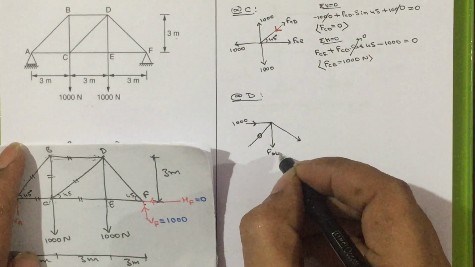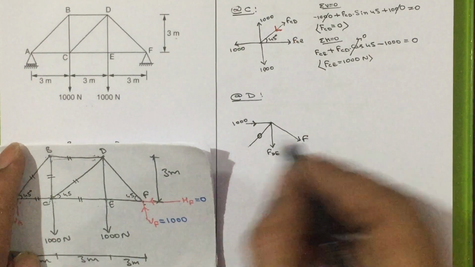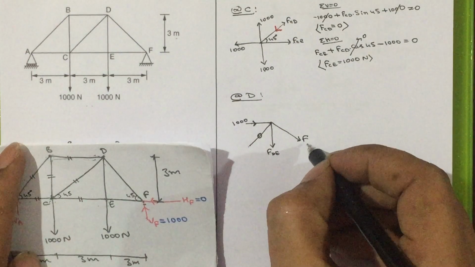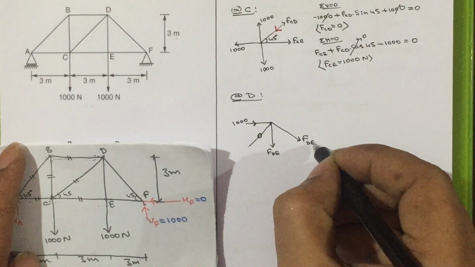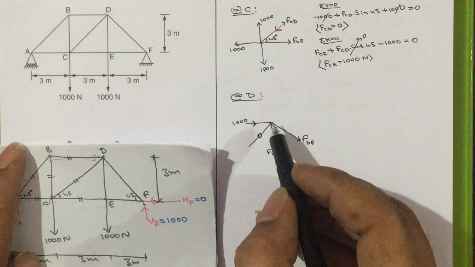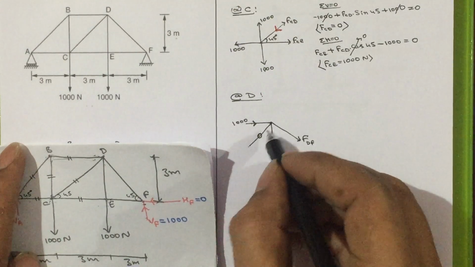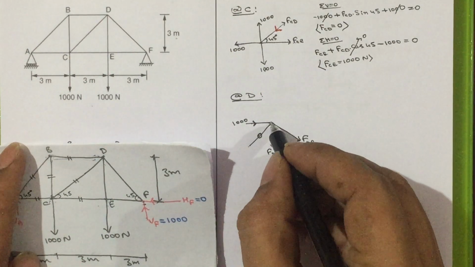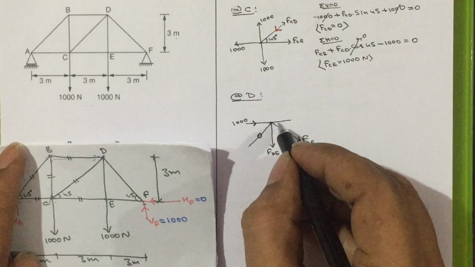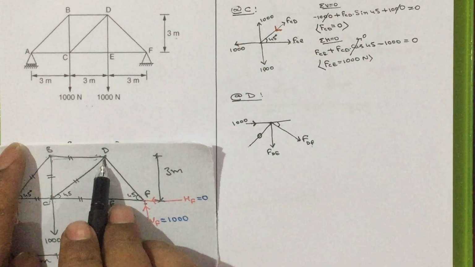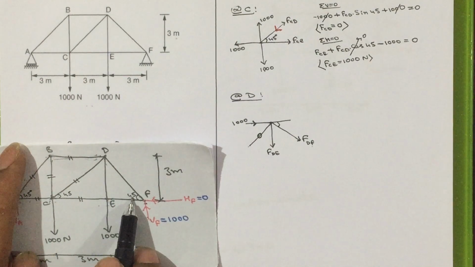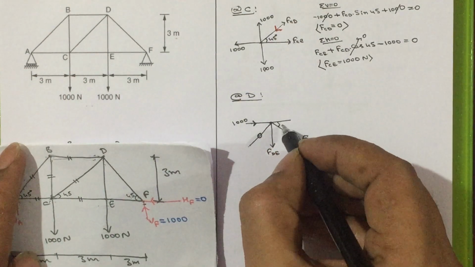This will be FDE and this will be FDF. We wrote the point, line, direction and the magnitude. Then we need the angle. This one is not there, so we need the angle for FDF, that is DF. DF is inclined at 45 degree with respect to horizontal.